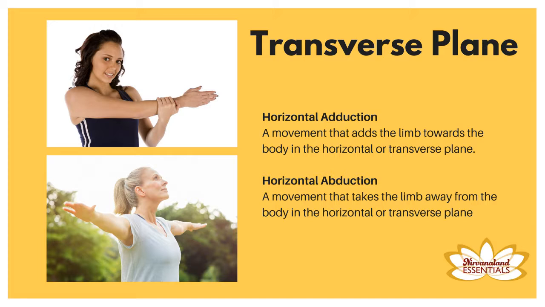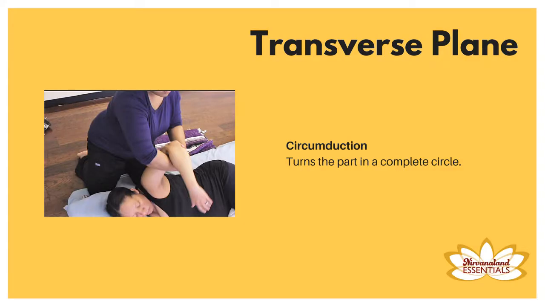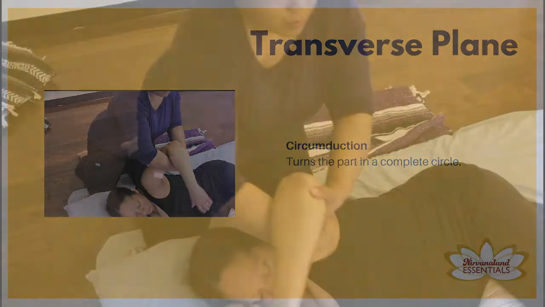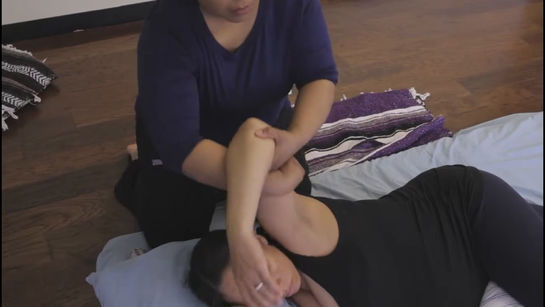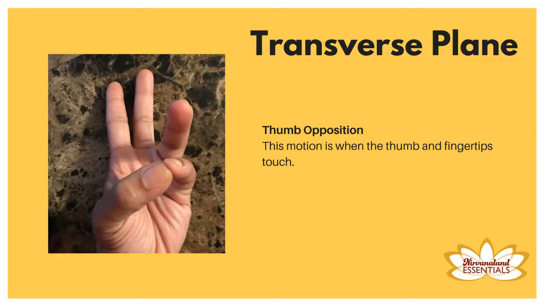It's a movement that takes the limb away from the midline of the body in the horizontal plane. Circumduction turns the body part in a complete circle. And lastly, thumb opposition. This is the only joint that can perform this particular motion. Thumb opposition is when the thumb and the fingertips touch. So not just the pinky finger that's shown in the video, but also any of the other fingers too.